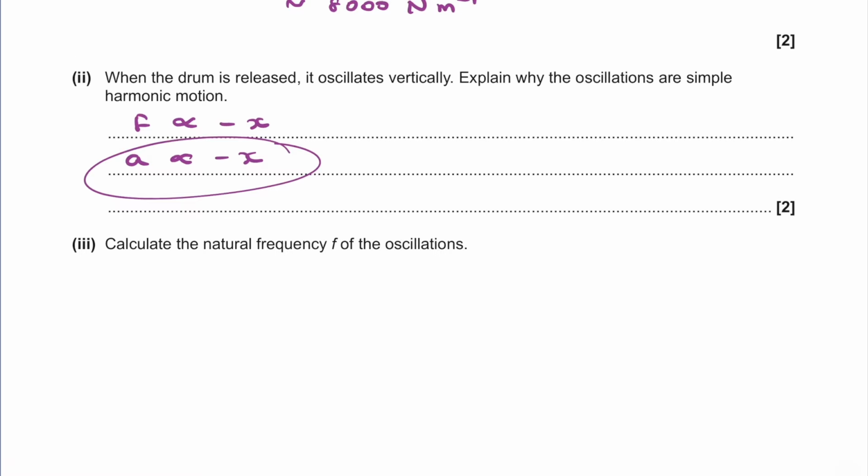Let's move on to the part where we need to calculate the natural frequency f of the oscillations. We have to think about omega, and we also know that F equals ma, F equals minus kx. Because these two are equal, ma is equal to negative kx, and we know that a is equal to minus omega squared x.